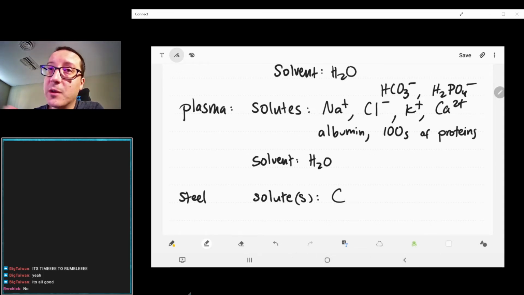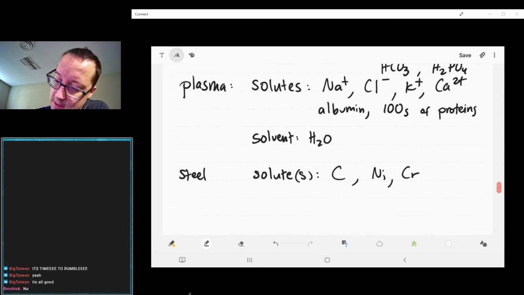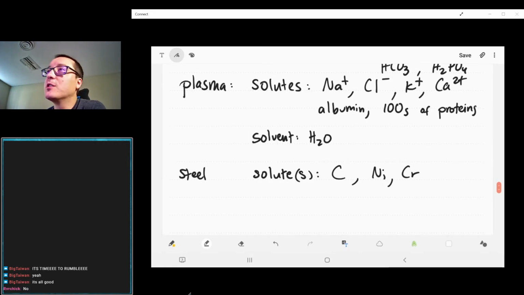are going to be carbon, potentially nickel, chromium. I'm not quite as proficient in metallurgy as I would like, but my understanding is that nickel and chromium are kind of the biggest two other additives to steel, just to help resist corrosion or to give it particular properties.